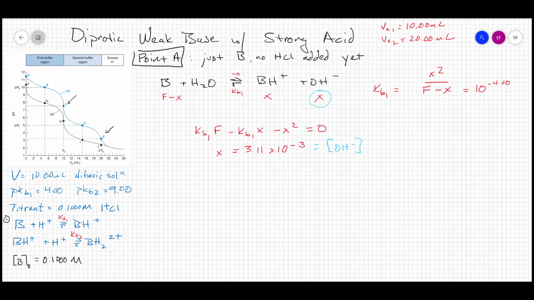So we need to convert this by using Kw over hydroxide concentration equals proton concentration, and then take the negative log of this to get our pH, which in this case is 11.49. A dead giveaway if you accidentally take the negative log of the original value is you're going to get a really small pH, which doesn't make sense if all you've added is a base to water.